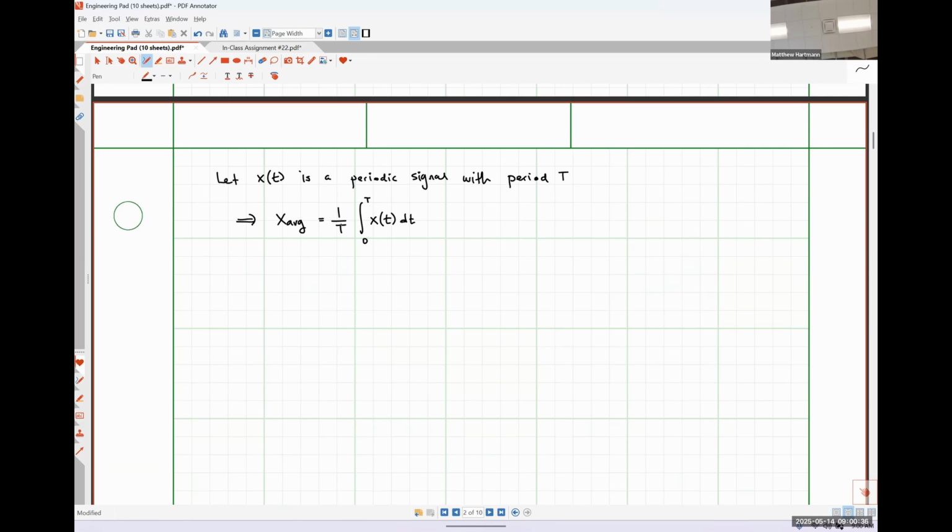So let's apply this mathematical relationship to our instantaneous power, because we saw on all of those Desmos graphs that our instantaneous power is indeed a periodic signal, okay?